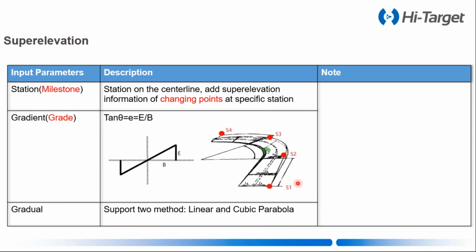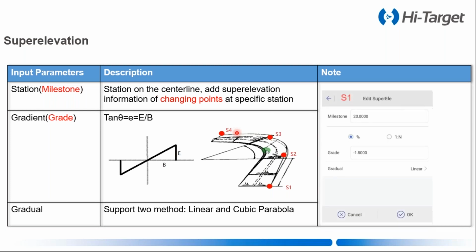And after the point S1, it is super elevation. Then another point is S2. That means from S2 to S3, there is also the super elevation. And then S4, at this point, it comes back to the standard cross section.